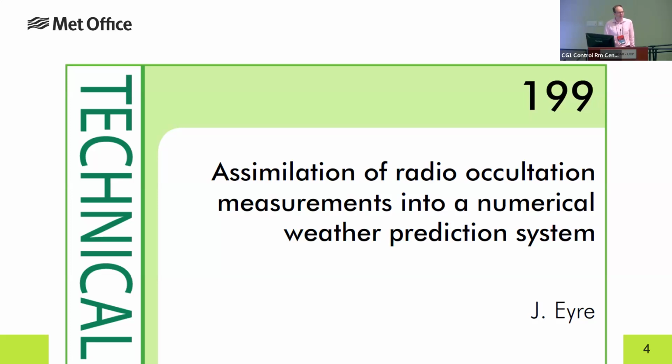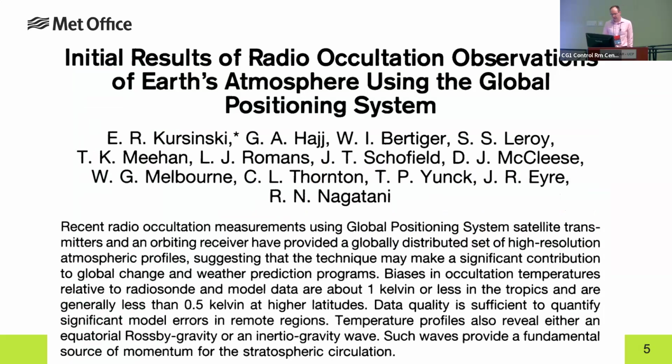And also during that time, obviously GPS/MET was launched. And there was this young man called Rob Kursinski who was doing various studies with GPS/MET, and John provided him with some of the model data from the Met Office, and so wheedled his way onto one of the final authors of this paper.